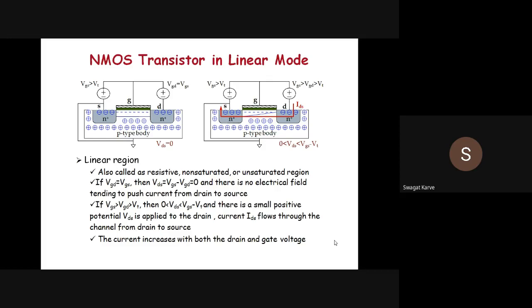VGD should also be greater than the threshold voltage, that is, the gate to drain voltage should be greater than the threshold voltage. Then and only then will conduction happen and current start flowing through the MOSFET in a linear manner.